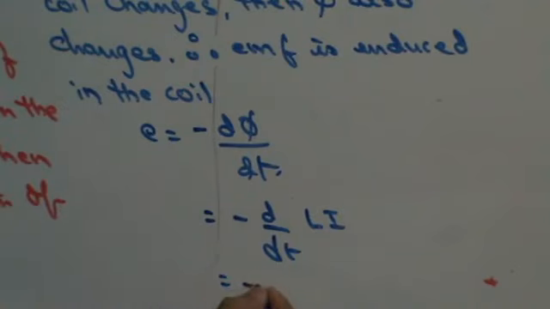Therefore I can say minus L di by dt. So EMF is nothing but minus L into di by dt. The negative sign in this expression indicates that the self-induced EMF always opposes the rate of change of current, right? And L is the constant of self-inductance of the coil, right?